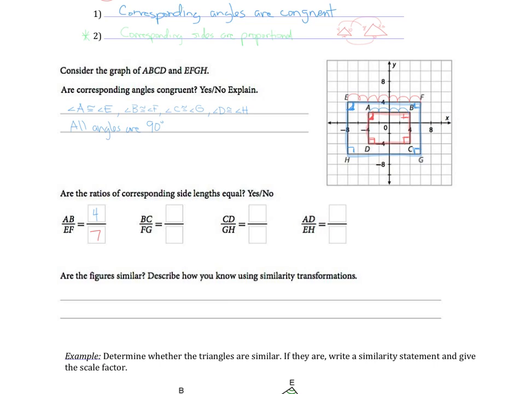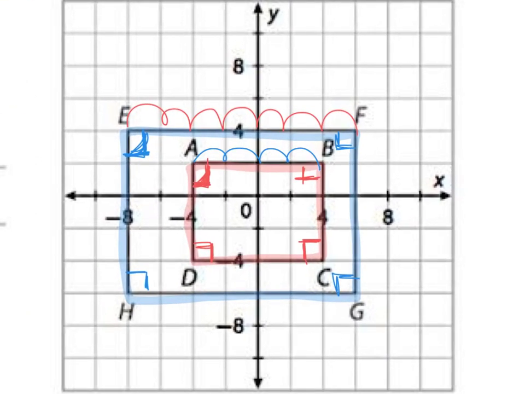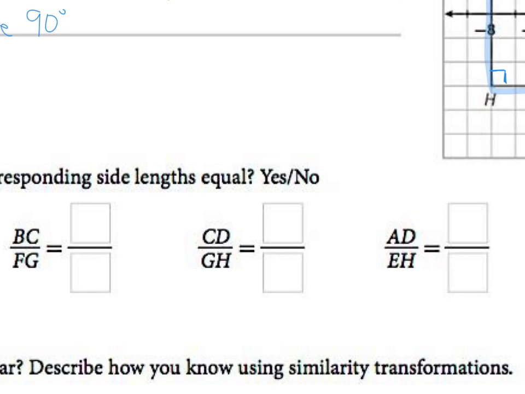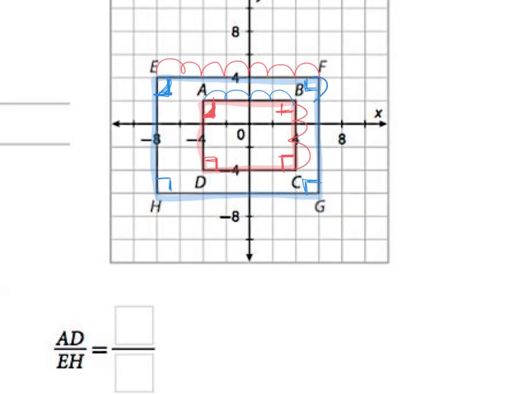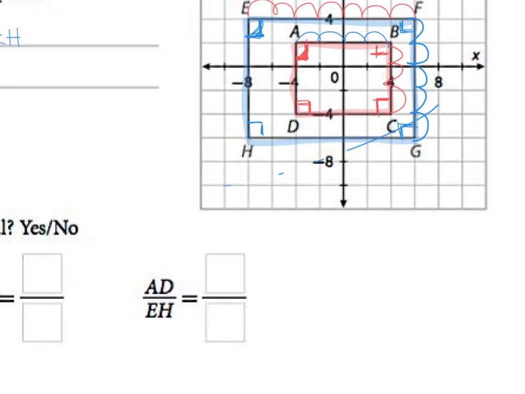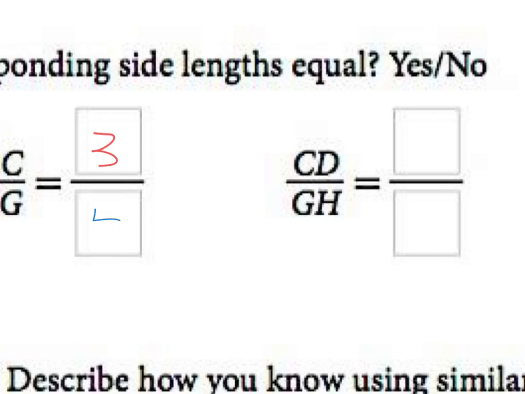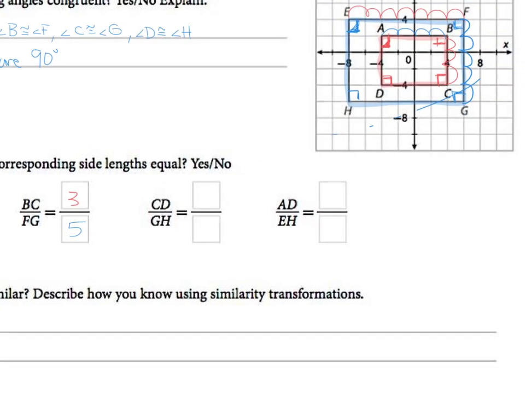And BC is 3 units. FG, 2, 3, 4, 5, is 5.